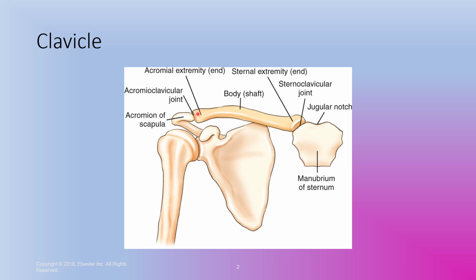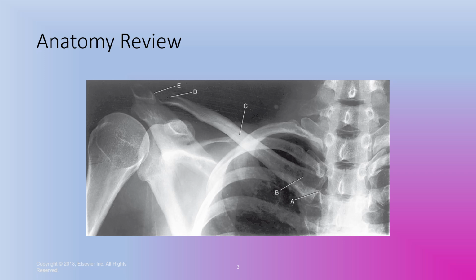Okay, so this is the clavicle. This is what we're going to be looking at first. This picture is 5.4 on page 177. When we look at this in relation to a radiograph with the anatomy, you can see the clavicle right here.